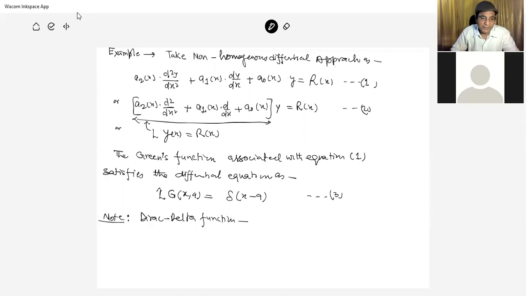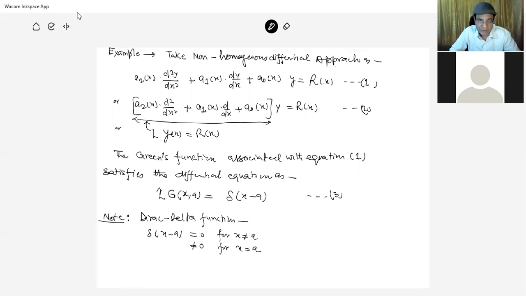The Dirac delta function, as you see, delta of x minus a is equal to 0 for x not equal to a, and it is not equal to 0 for x equal to a.